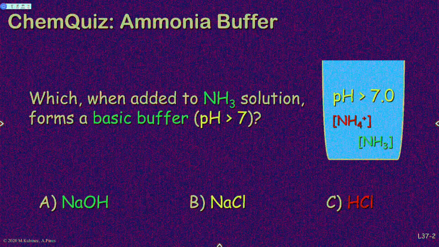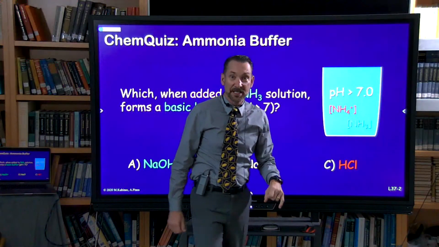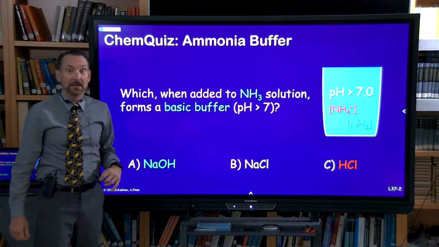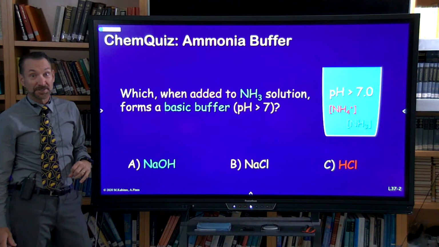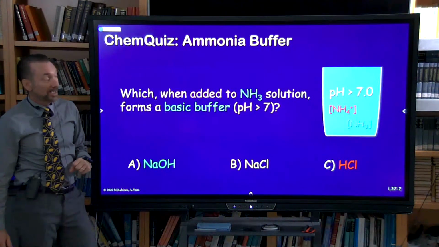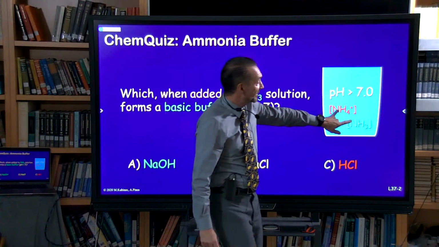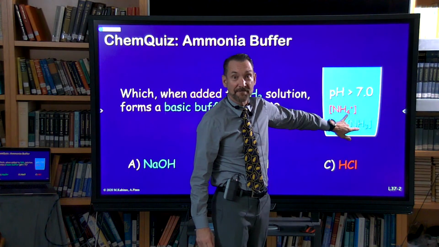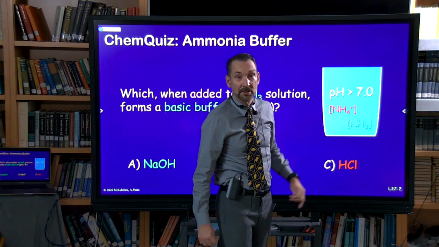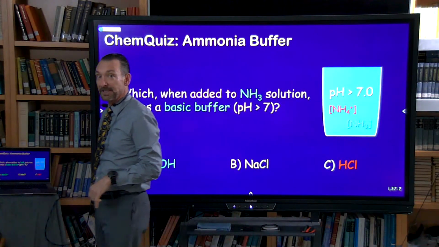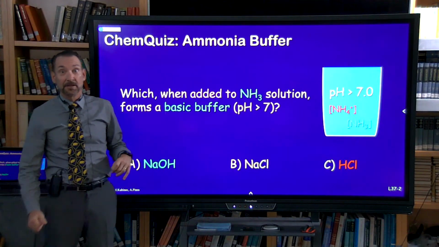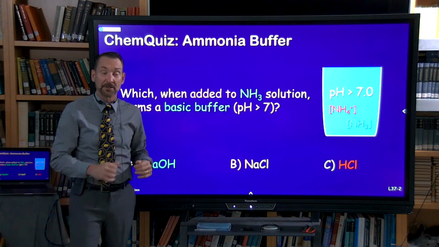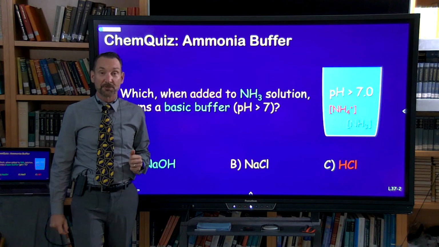And we know when those two concentrations are about equal, there'll be a buffer that will resist the change in pH. And weak acids buffer around their pKa value in pH. So if your pKa value is 4.5, then you'll form a buffer around pH 4.5.